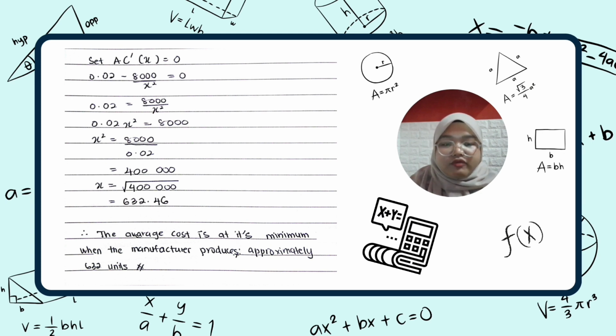So we need to take the square root of 400,000 to get x, and we calculate, and the answer is 632.46. So we can conclude that the average cost is at a minimum when the manufacturer produces approximately 632 units.